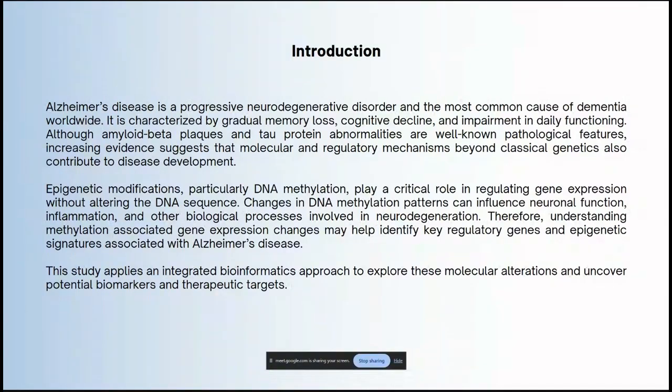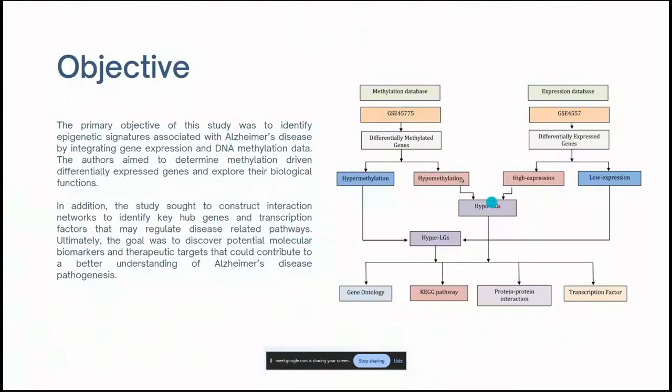GSE4757 from the NCBI GEO dataset tells us which genes are turned on or off, and the DNA methylation dataset GSE45775 tells us where methylation might be controlling the expression. So in this diagram, we can see where these datasets were taken from, and they all are available in the NCBI GEO dataset.